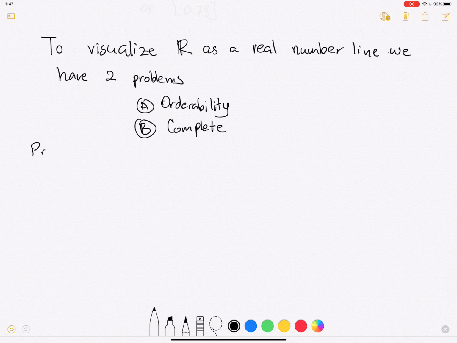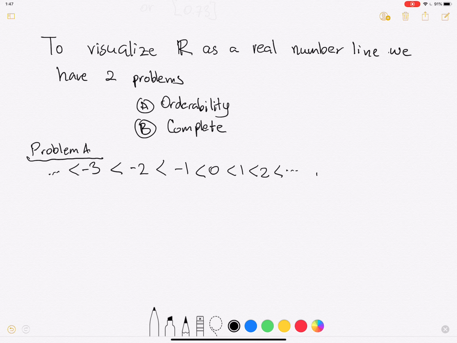So first, let's look at problem A. We know that we can compare integers. It's not covered in this class, but you can look at Peano arithmetic for that. Now we're going to show the ordering for rational numbers, and from there, the ordering for the reals.